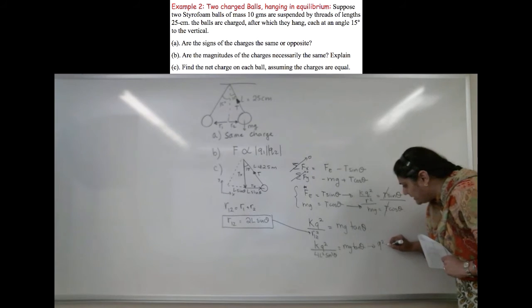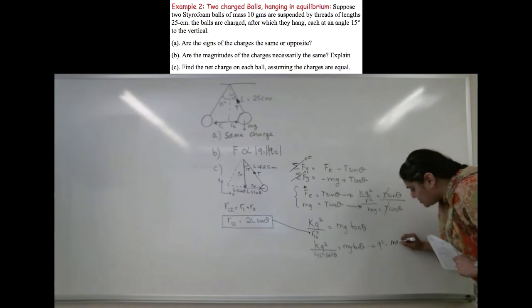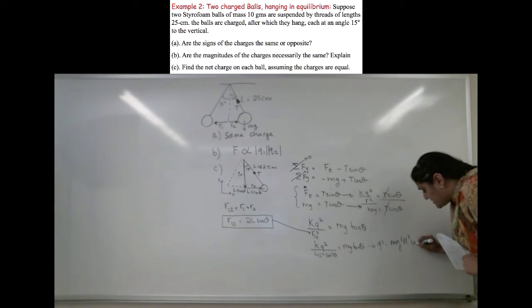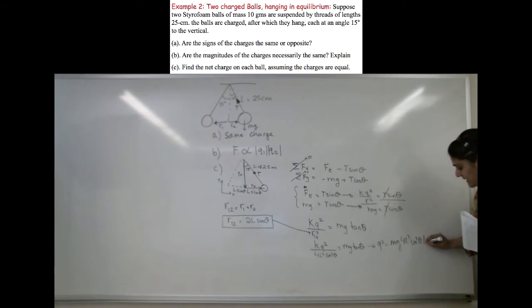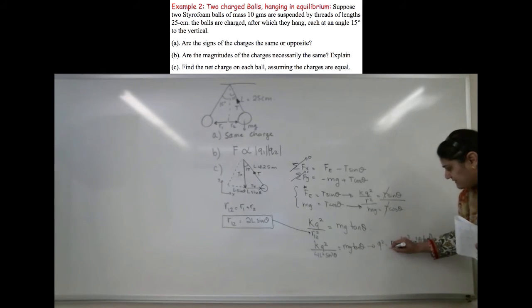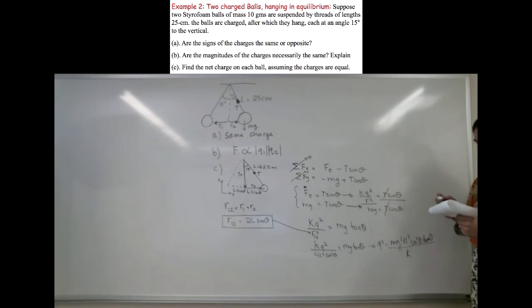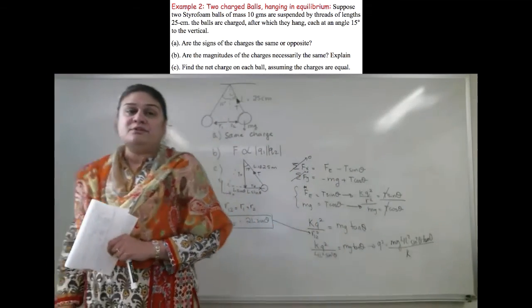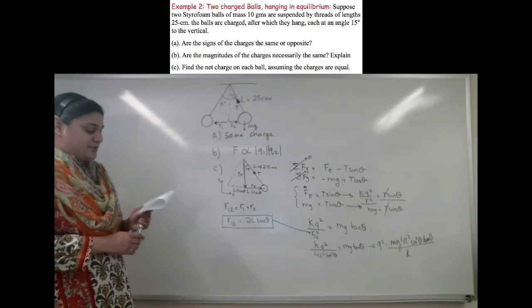So Q squared is going to be mg, right, 4L squared sine squared theta tangent theta divided by K. I have M, they give me M, they give me g, well that's just 9.8, they give me L, which is 0.25 meters, they give me theta, right, which is 15 degrees, and I know K, which is 9 times 10 to the 9. And all I have to do is plug in some numbers and calculate.